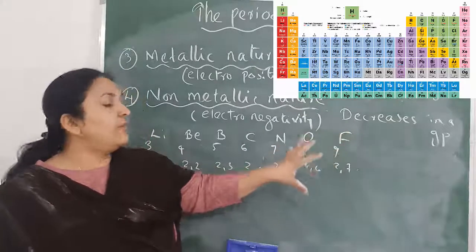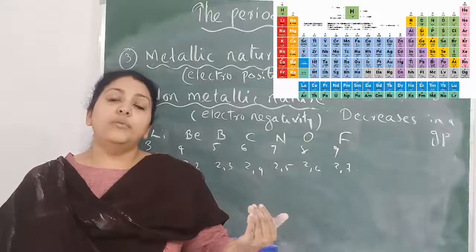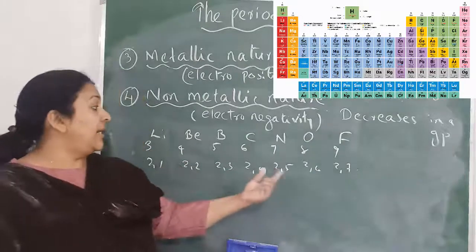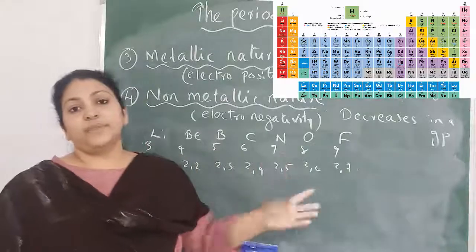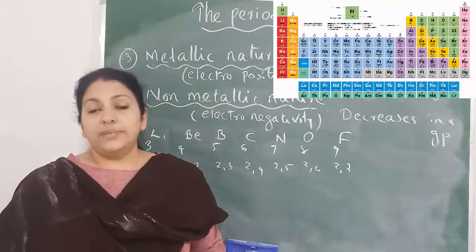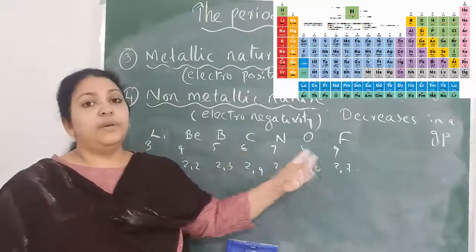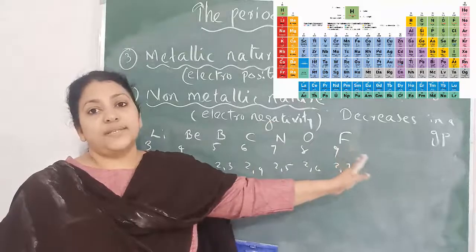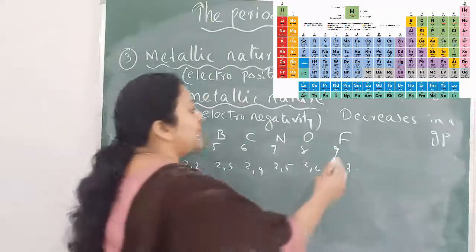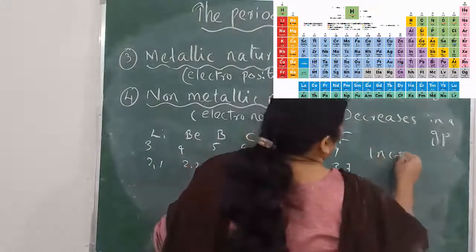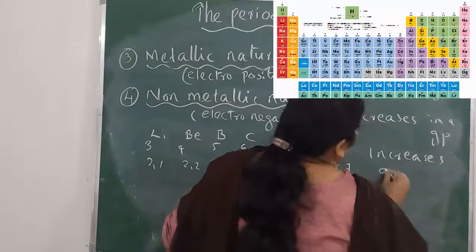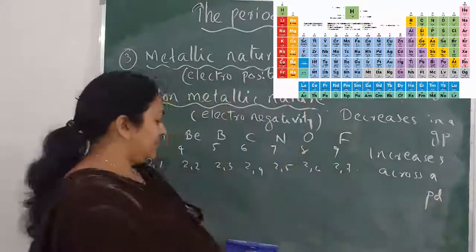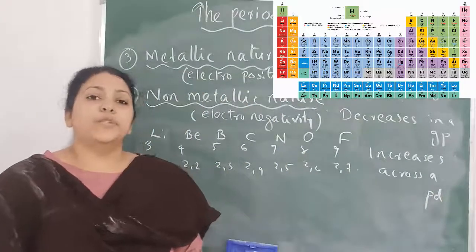Therefore, the ability of fluorine to gain one more electron is stronger than any other element in this period. Is that clear? That means in a period from left to right, electronegativity increases. Okay? The electronegativity increases across a period.